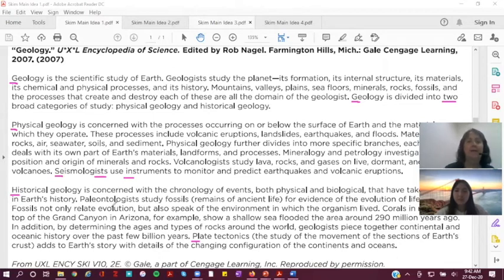Okay, now if we move on to the third paragraph, just looking at the first sentence and the last sentence, what do you think?